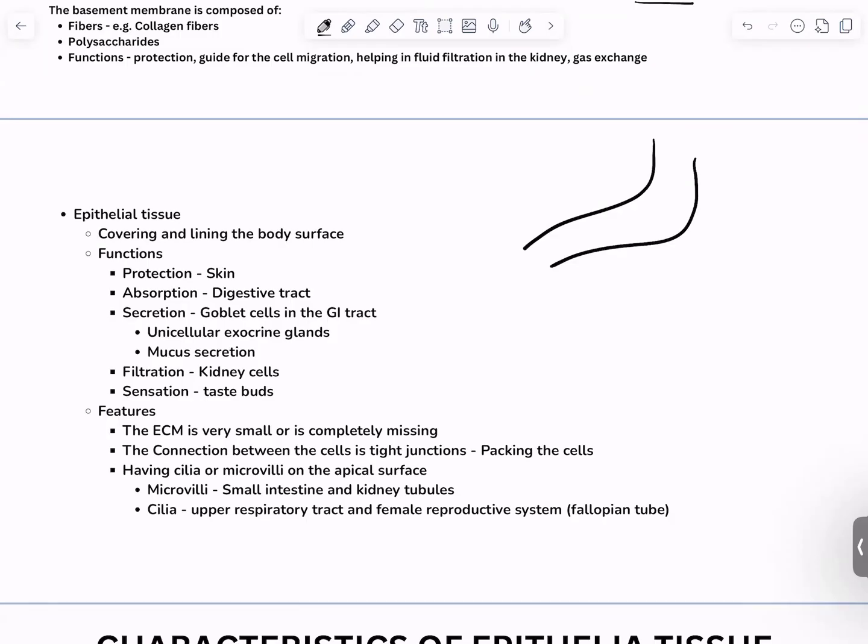And this is the lining of the body surface, this part. You know why? Because it has contact with the materials from outside of the body. Body surface is not always about the skin.